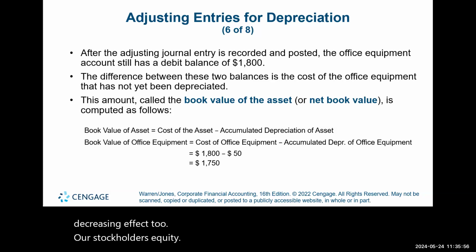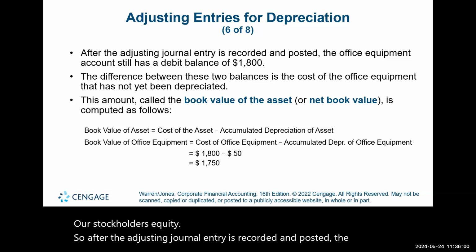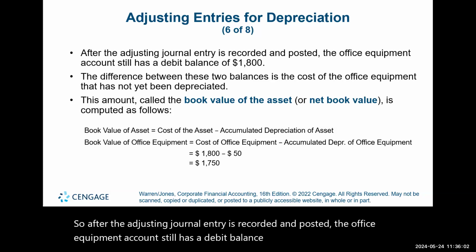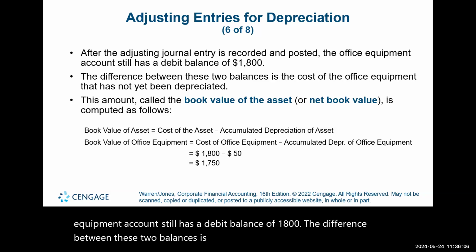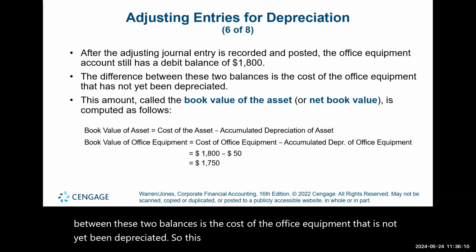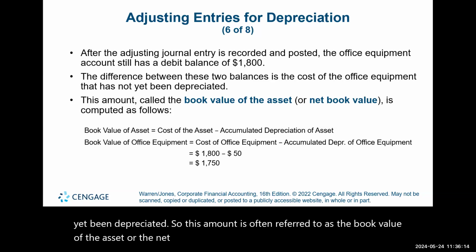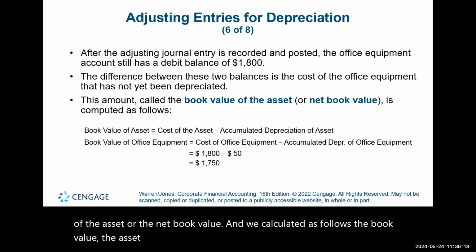So after the adjusting journal entry is recorded and posted, the office equipment account still has a debit balance of $1,800. The difference between these two balances is the cost of the office equipment that has not yet been depreciated. So this amount is often referred to as the book value of the asset, or the net book value, and we calculate it as follows. The book value of the asset equals the cost of the asset minus accumulated depreciation.